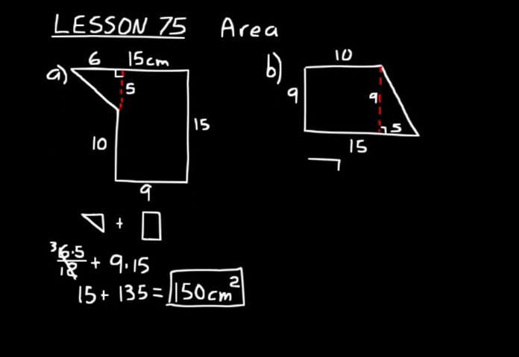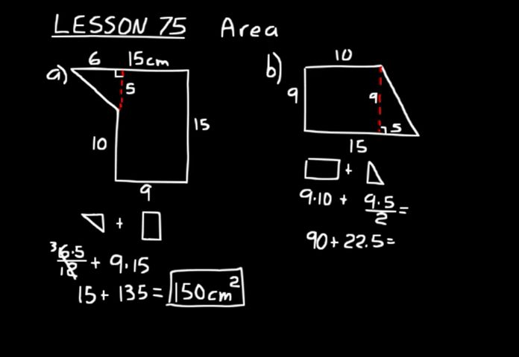And we'll be adding together the area of a rectangle plus the area of a triangle. The rectangle is 9 times 10. The triangle is 9 times 5 divided by 2. So we'll end up with 90 plus 9 times 5, or 45 over 2. Let's just use decimal form on that. 22 and a half, or 22.5.